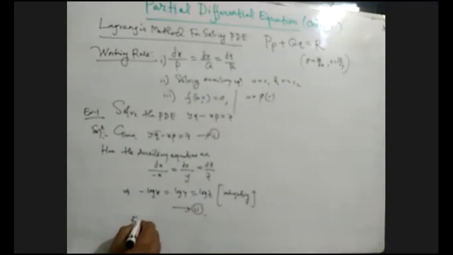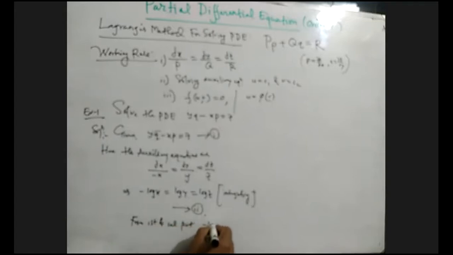Now from first and second part, we get minus log x equals log y. This can be written as log x to the power minus 1 equals log y. So log will be cancelled. So xy equals 1.